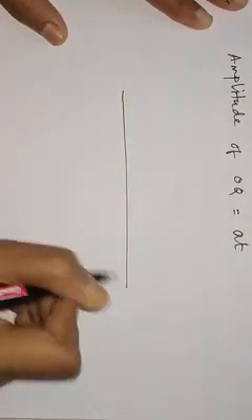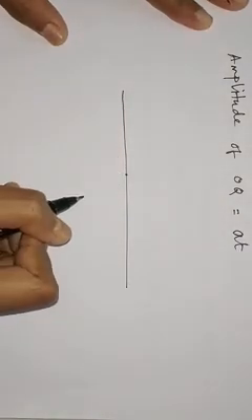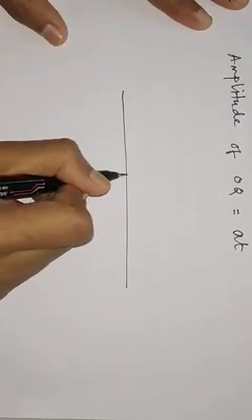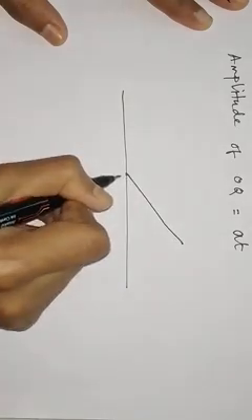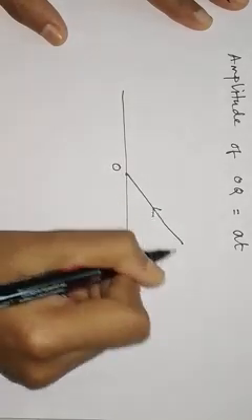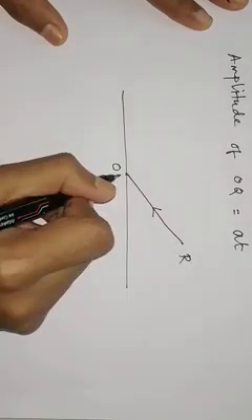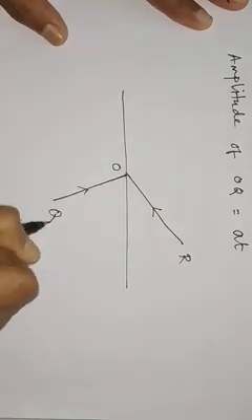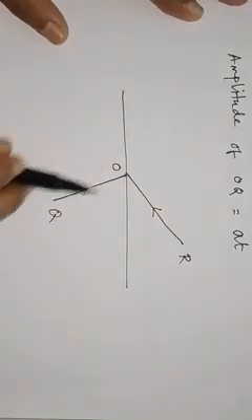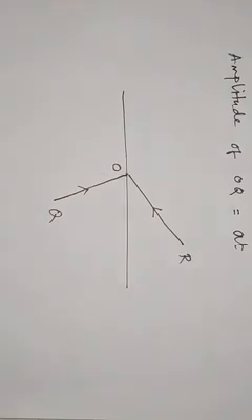In such a case, the figure will look like this. Suppose this is the point of incidence O. Now the direction of RO is changed, and the direction of QO is also changed. The ray is now traveling along QO.